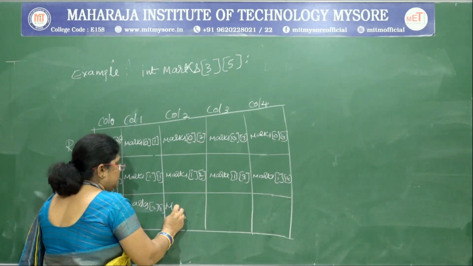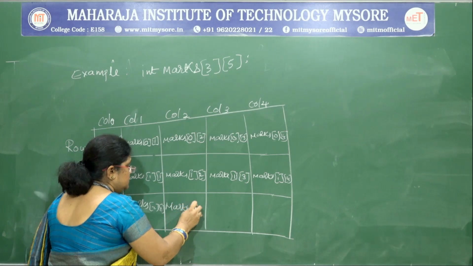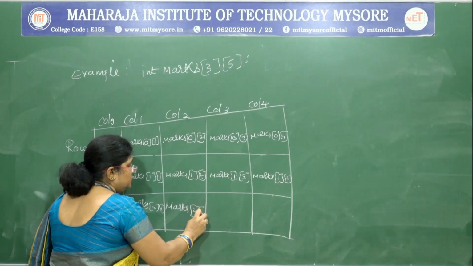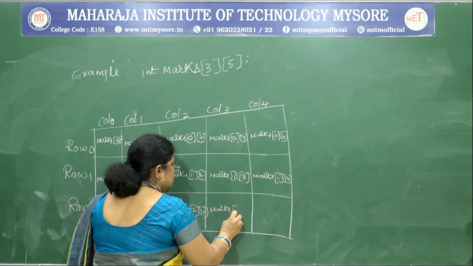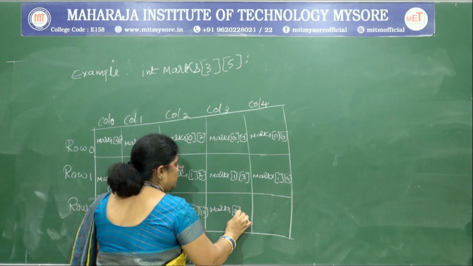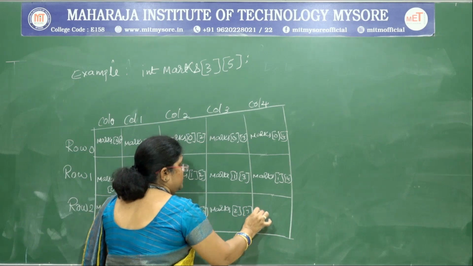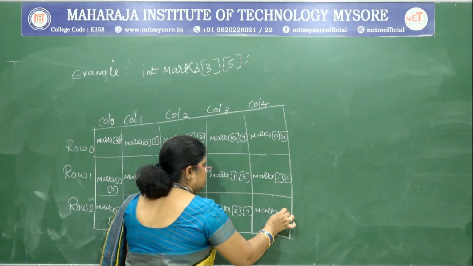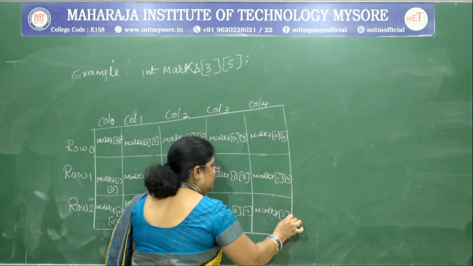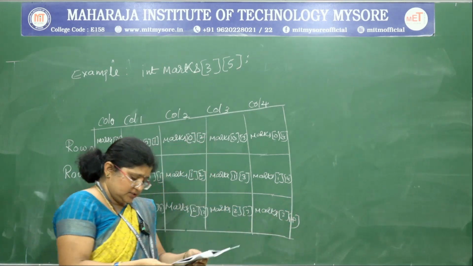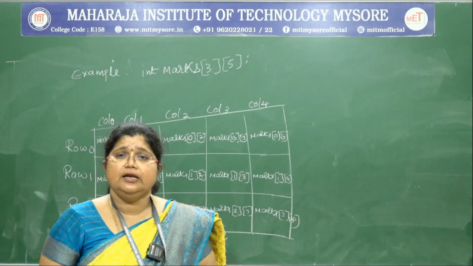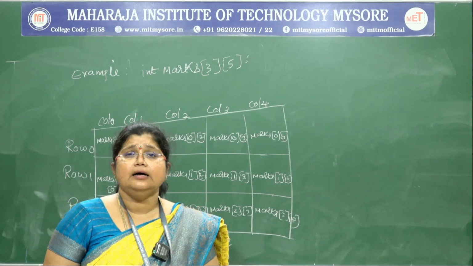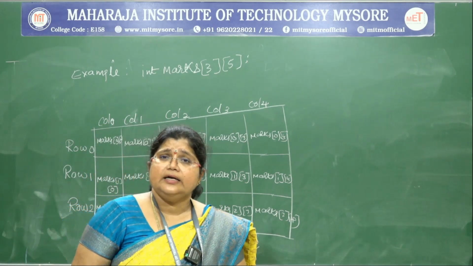Then marks[2][2], marks[2][3], marks[2][4]. This is how we access the two-dimensional array data elements by indexing.